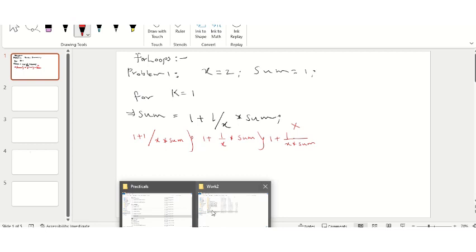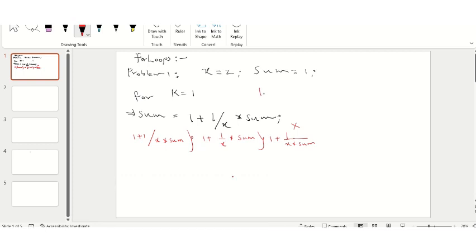Has anyone simulated the program? What is the output you are getting? 1.9688. Yes, I am sure no one will get this answer now. No one will get this answer, but this is the right answer.